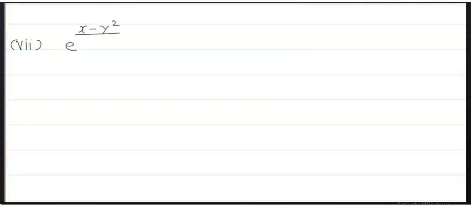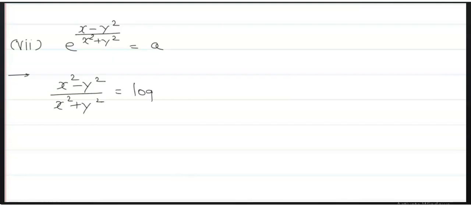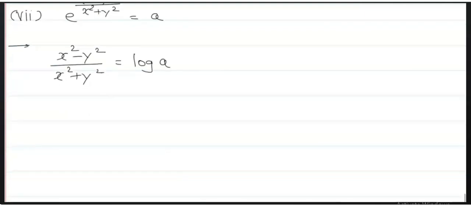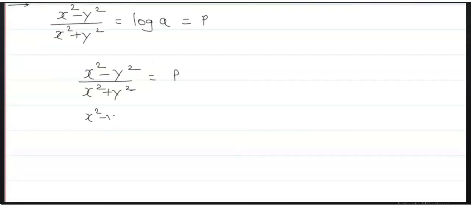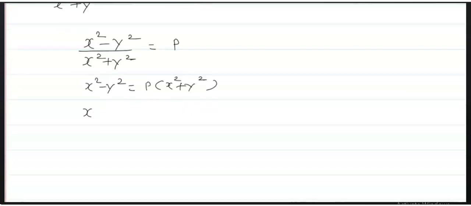7th, e raised to x square minus y square upon... I think that there is x raised to 7, but whatever, x raised to 7 or x square, there is a small letter 7 in the textbook.